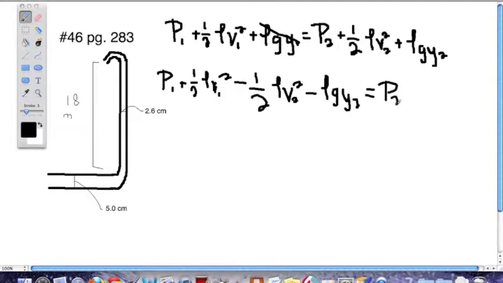I just algebraically solved for the pressure at the top of the tube, so we can use values that we already know.